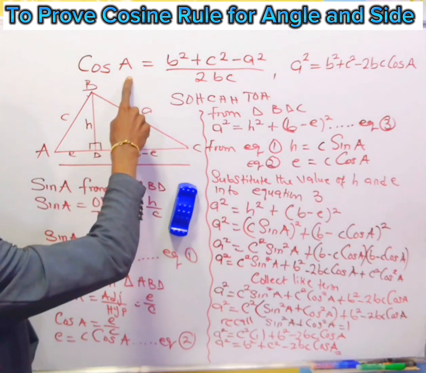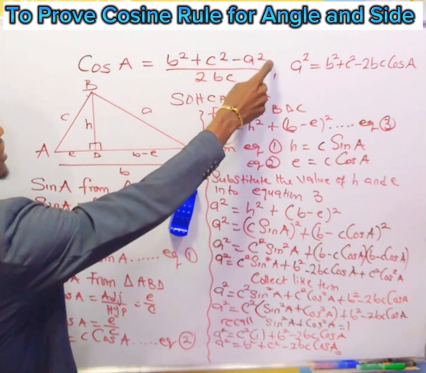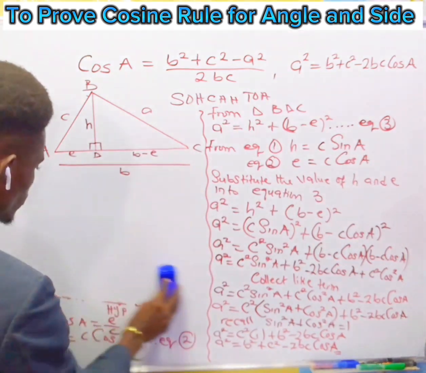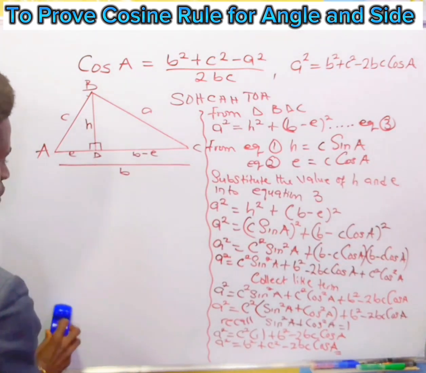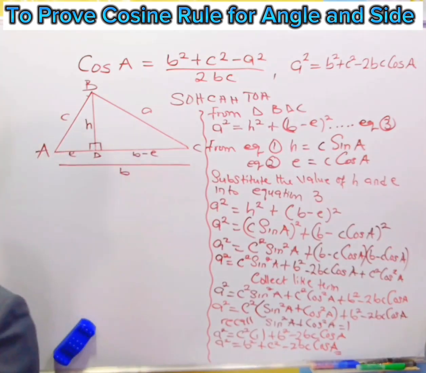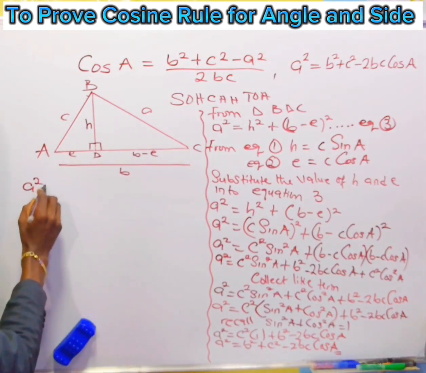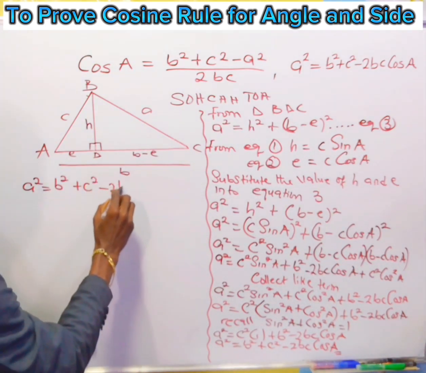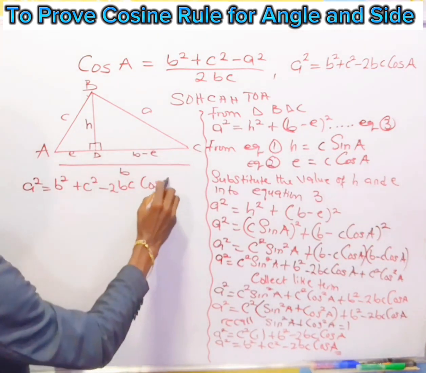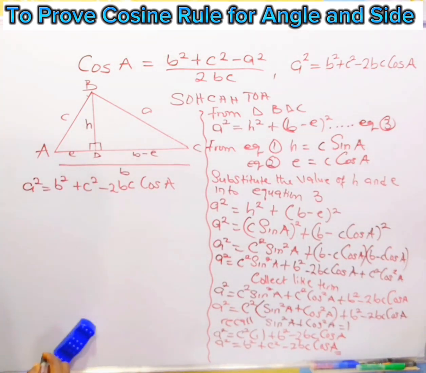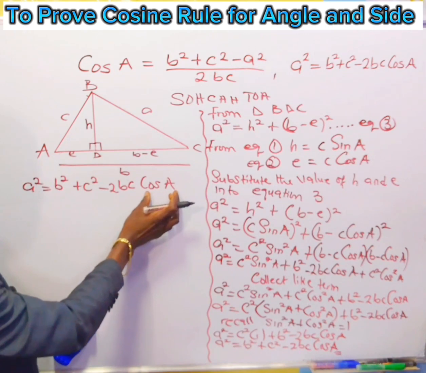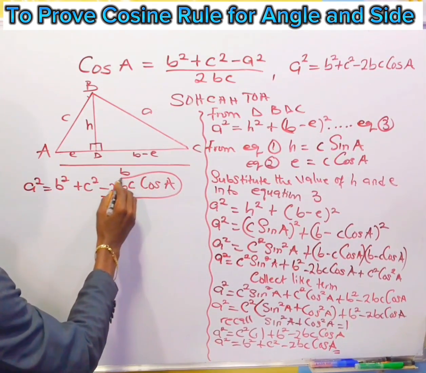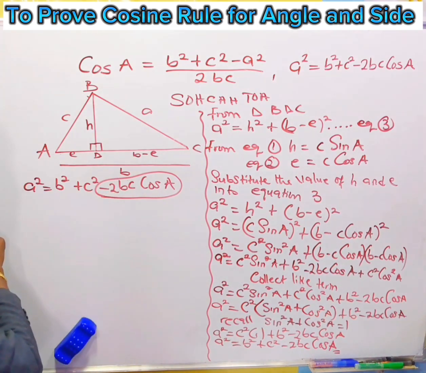Let's prove cos A to be equal to B square plus C square minus A square over 2bc. Now, from A square equal to B square plus C square minus 2bc cos A, let's make cos A subject of the formula, which means we'll move negative 2bc cos A to the other side of the equation.